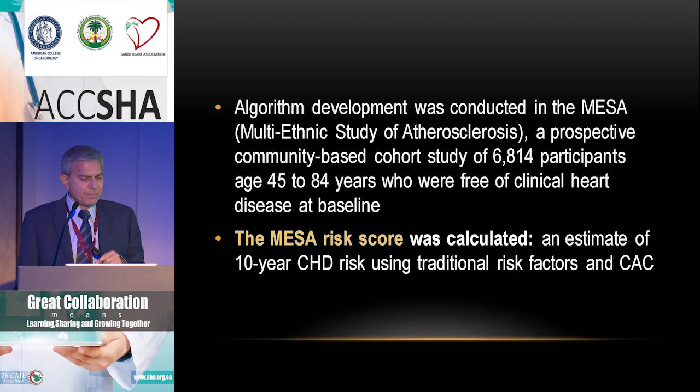This is the MESA, Multi-Ethnic Study of Atherosclerosis, basically indicating that there was this algorithm that was developed based on a study of 6,000 patients with a calcium score, and they came up with their own score.